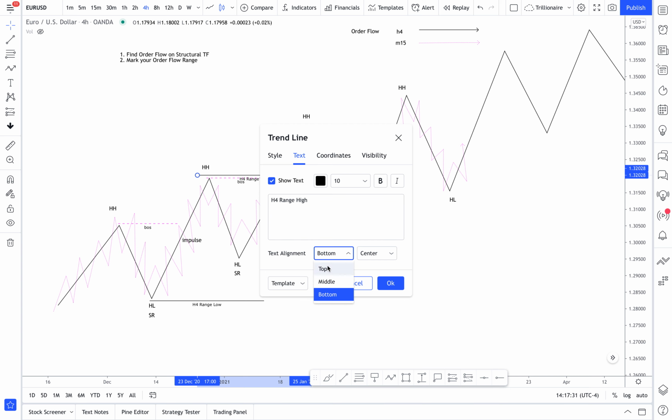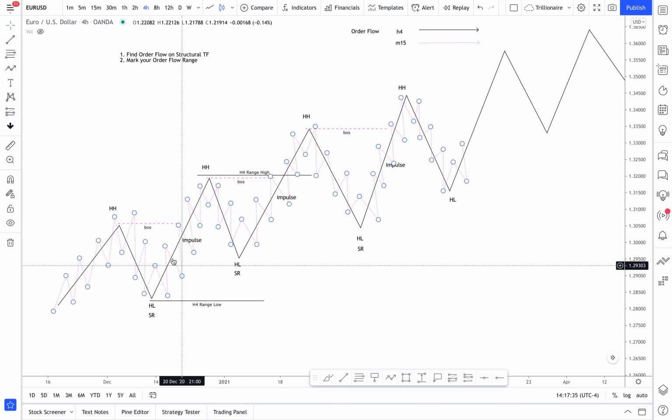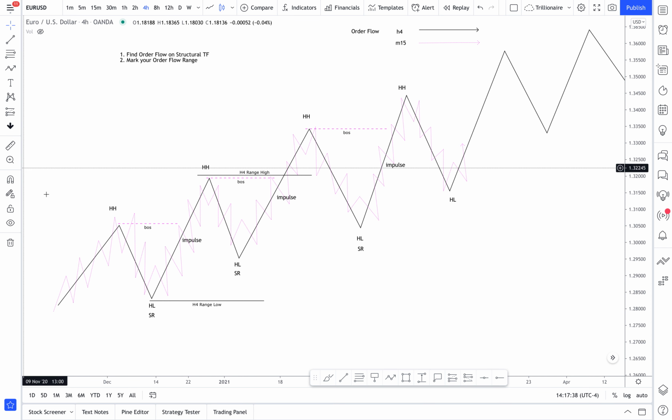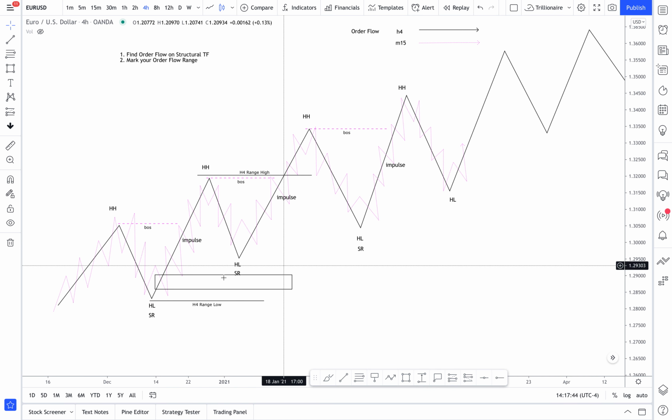What this is going to do is show you invalidation points. Let's say I'm looking for an order block, let's say right here within this area.